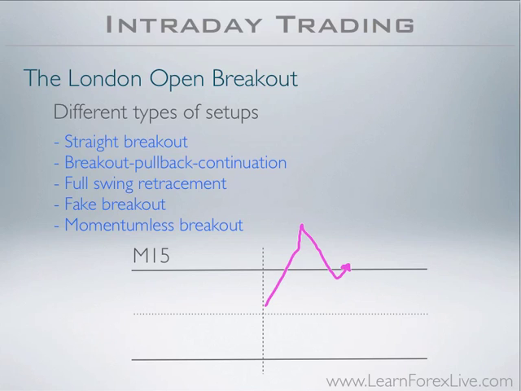This takes experience, guys. This is not something that you will gauge within your first or second trade. You will need to take quite a few London Open breakout setups, quite a few trades, in order to gather up that experience. And believe me, it will all become more intuitive as you take trades, and you will gauge an idea of when the retracement has come to an end and price begins to turn around.